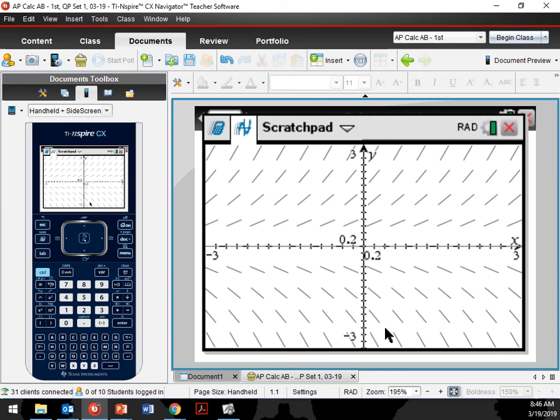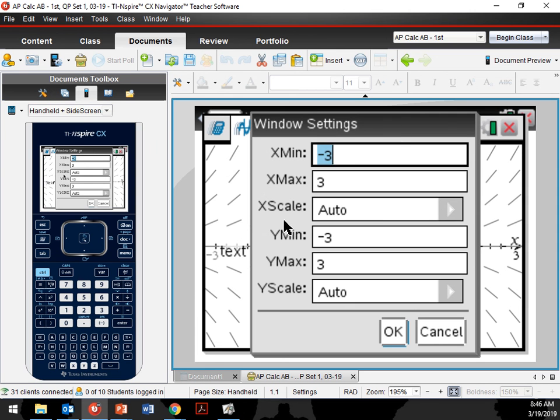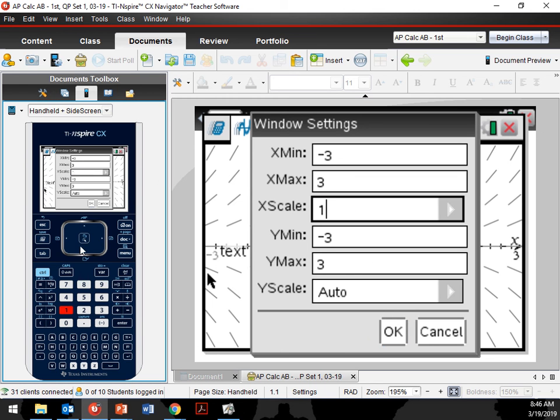Let's see if auto does it. Nope, auto puts too many in there. Yes, I want 1, because otherwise it breaks it up into too many smaller parts.